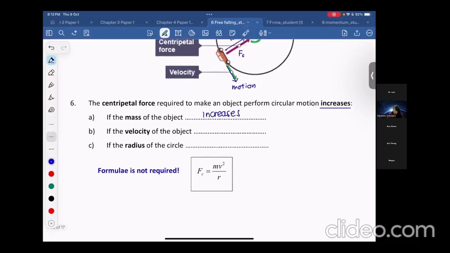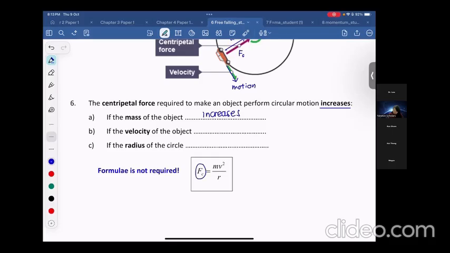For centripetal force, we can use a formula to help us understand the situation. But this formula, we will not use for calculation; there is no calculation in this centripetal force chapter. With this formula, we can understand.